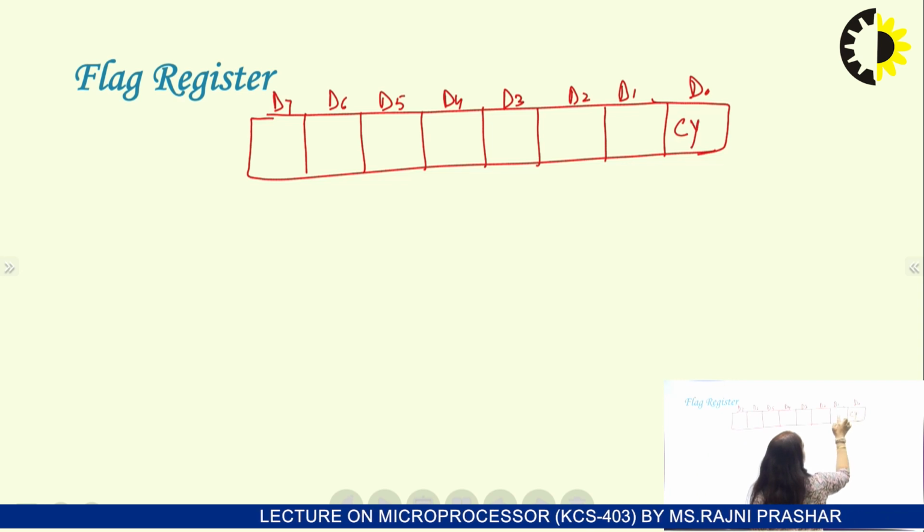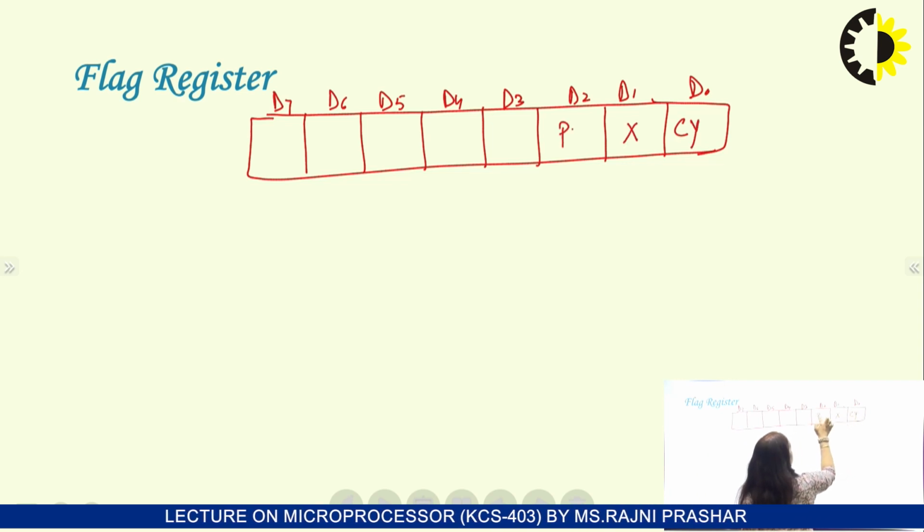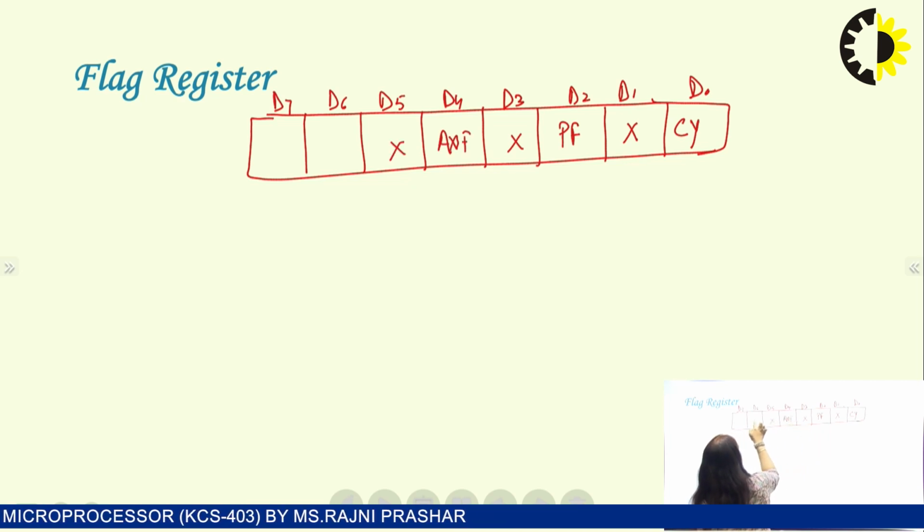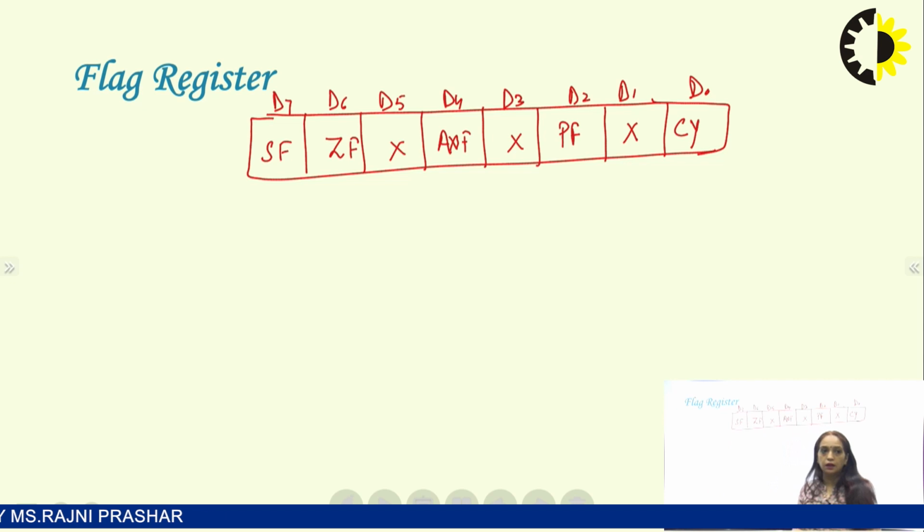Here we have the carry flag, this is don't care, then the parity flag, don't care, the auxiliary carry flag, don't care, the zero flag and the sign flag. So this way we have the configuration of the flag register.